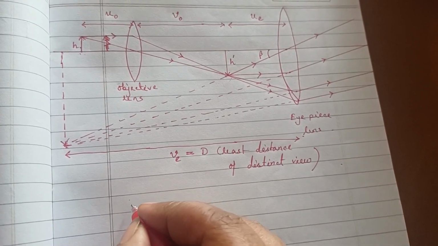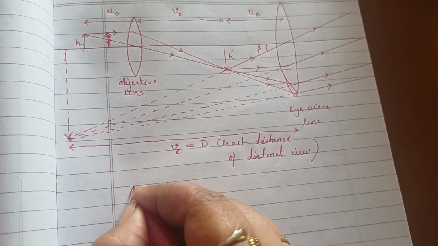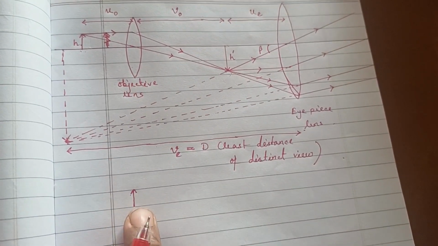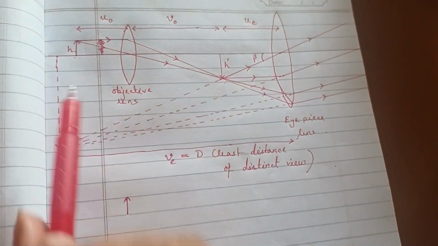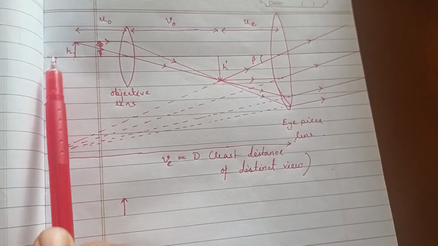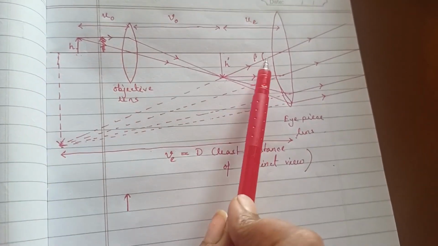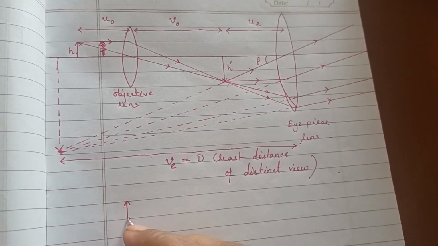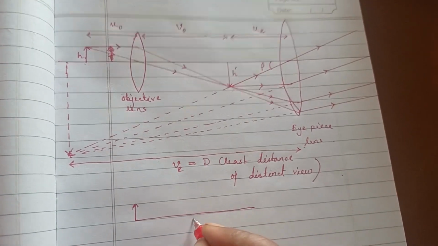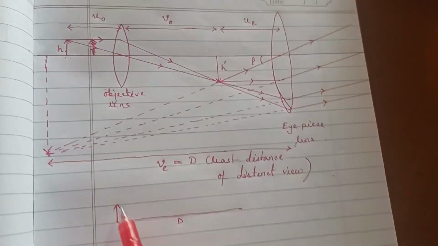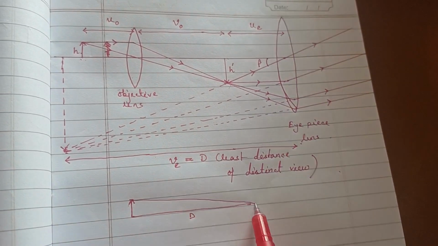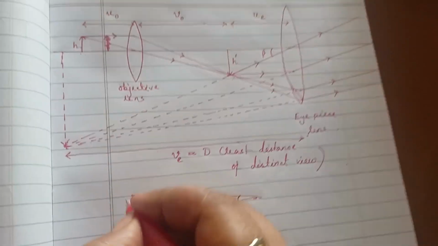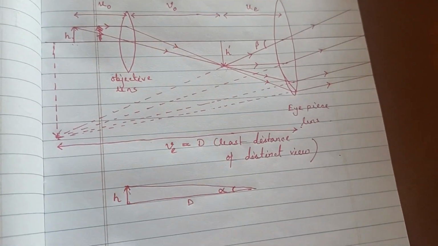I am considering the initial object shifted to this point D, from the eyepiece lens. So the distance is D. What angle will be made over here? This is alpha. And this is the object we have taken. So height was h. So hD.